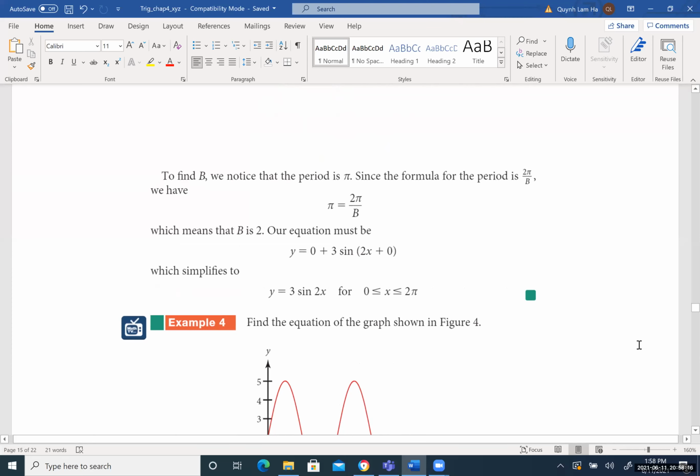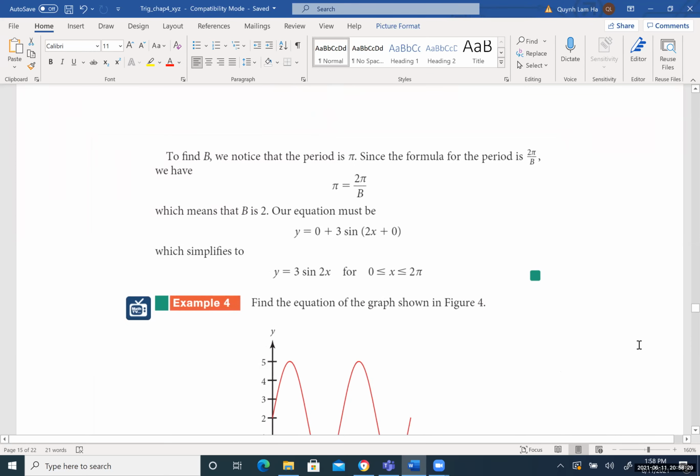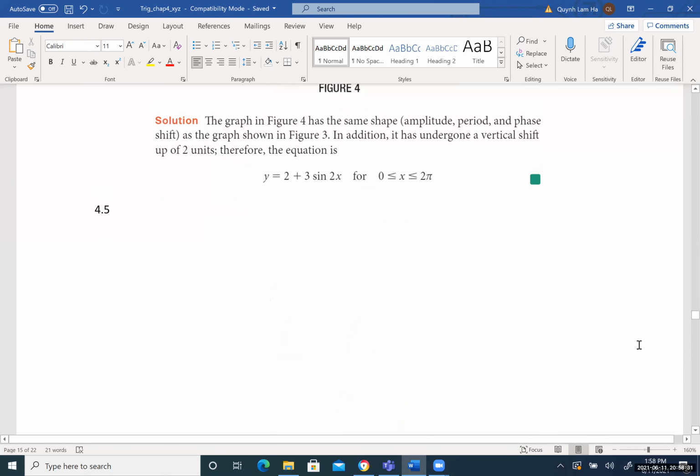For this, you can again follow the formula, and then you can find all of the information. Plus, look at the graph and figure out the equation.